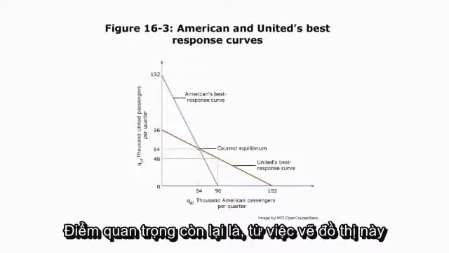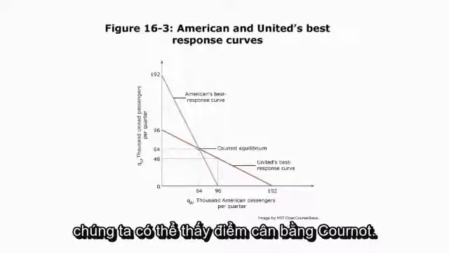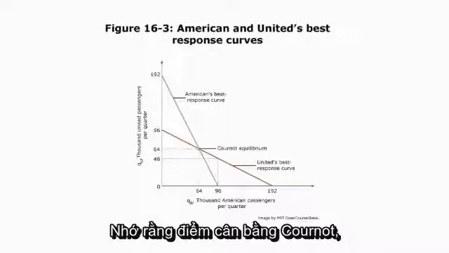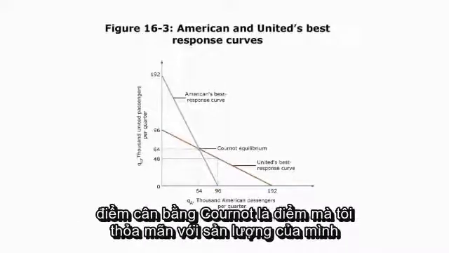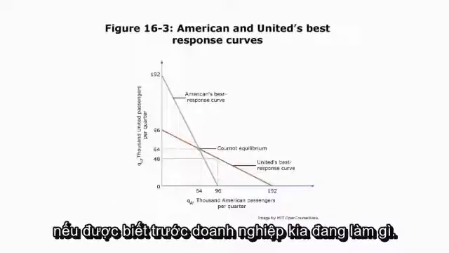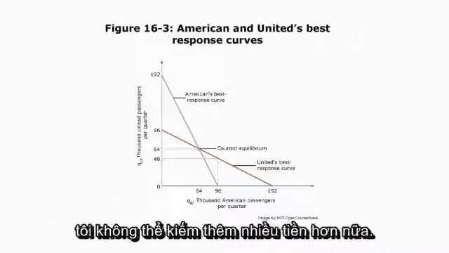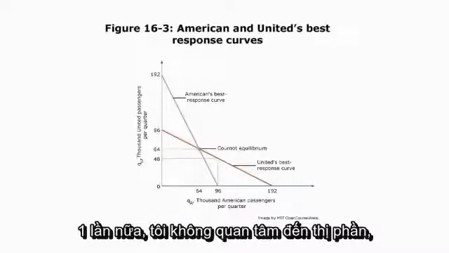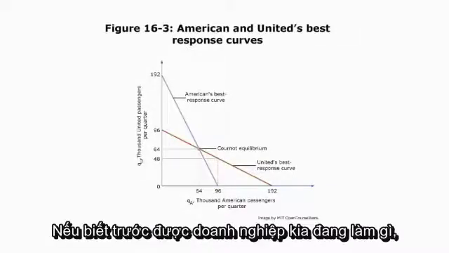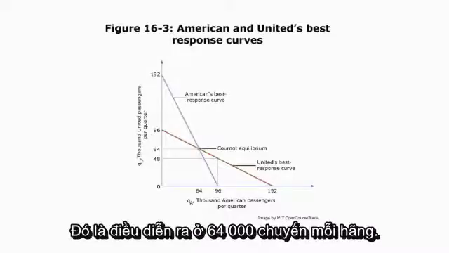The other key point is that by drawing this diagram, we can see the Cournot equilibrium. Remember, Cournot equilibrium is where I'm happy with my quantity given what the other firm's doing. Given what the other firm's doing, I can't make any more money. Once again, I don't care about market share, I just care about money. Well, that happens at 64,000 each.